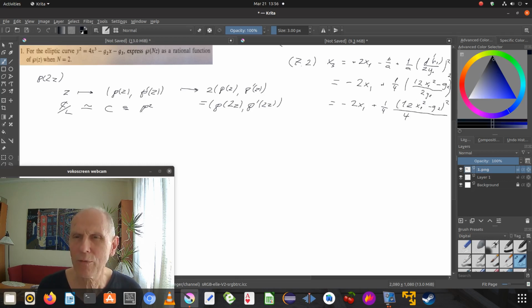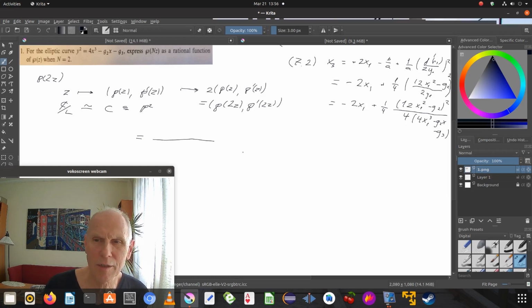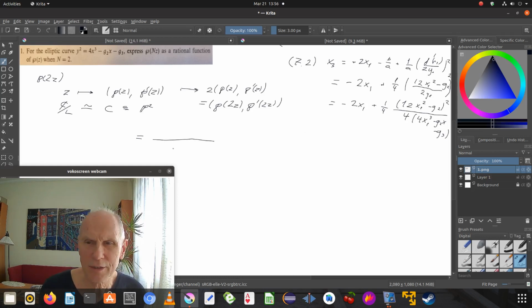And y1 squared, that's the polynomial itself. So we put it on common denominator, 16.